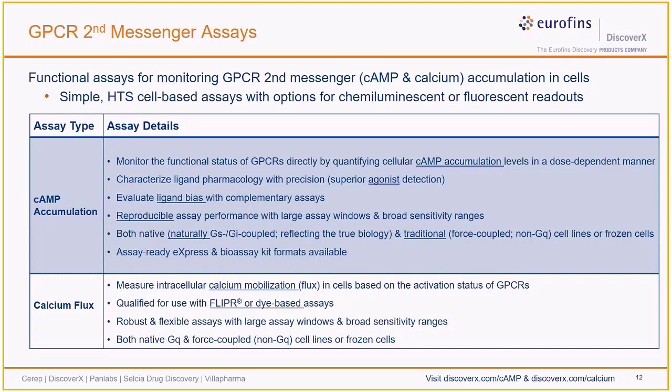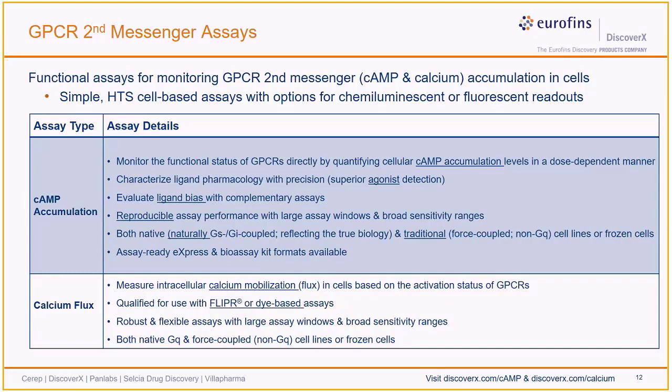Cell lines and frozen cells are available for these, and I wanted to talk a little bit about the traditional versus newer naturally coupled receptors. The forced-coupled receptors are very popular and commonly used throughout the decades. It is based on an overexpression system that increases the G-alpha specific subunit, accumulating to drive the signaling process, measuring the calcium or cyclic AMP.